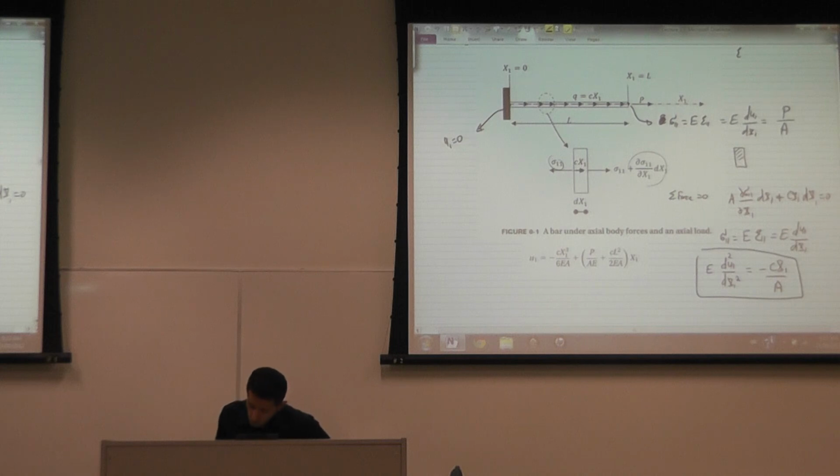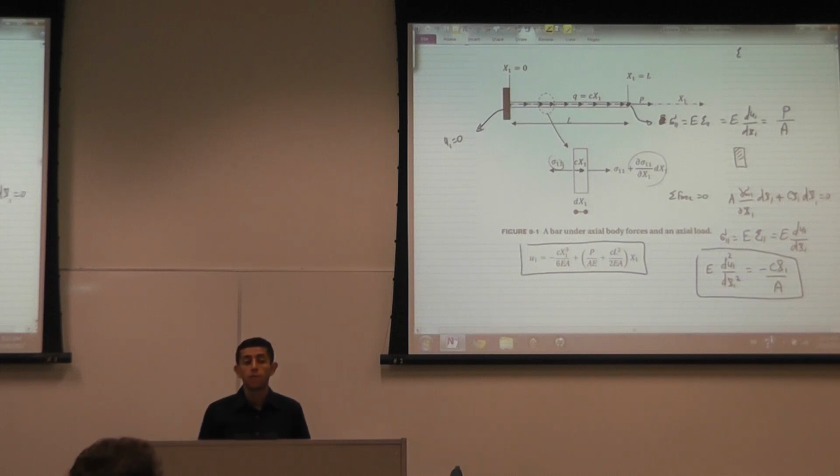I know the stress at this point, and I know the displacement at this point. So you solve this differential equation with these boundary conditions, and you get a cubic function. So this is the exact solution, and what we call the strong form solution.